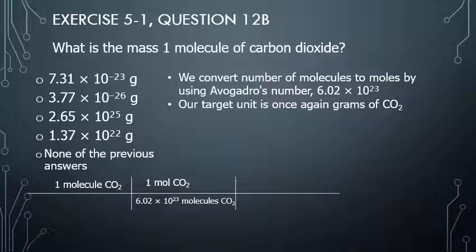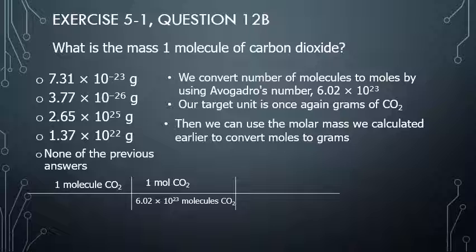I have 1 mole of carbon dioxide on top. Now we can use the molar mass we calculated earlier to convert those moles to grams. 44.01 grams of CO2, our target unit on top. 1 mole on the bottom. Now, let's see what cancels. Molecules of CO2 cancel, moles of CO2 cancel, and we are left with our target unit, grams of carbon dioxide.